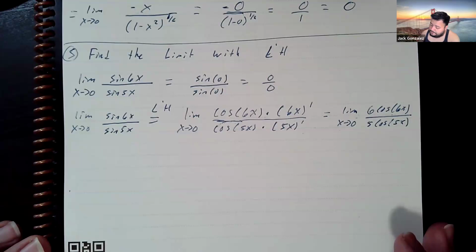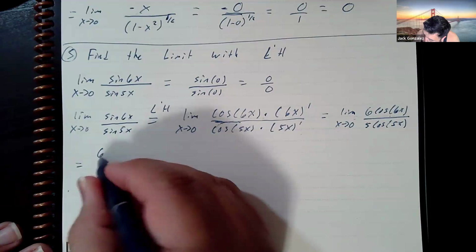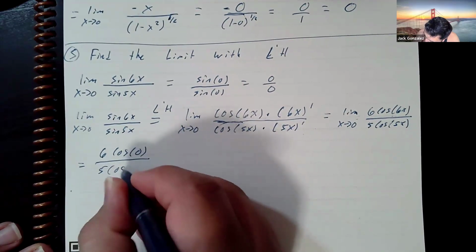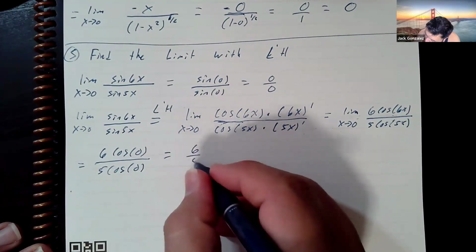So then take a limit. We'll end up with 6 cosine of 0 over 5 cosine of 0, which is 1 over 1 times the 6 and 5.